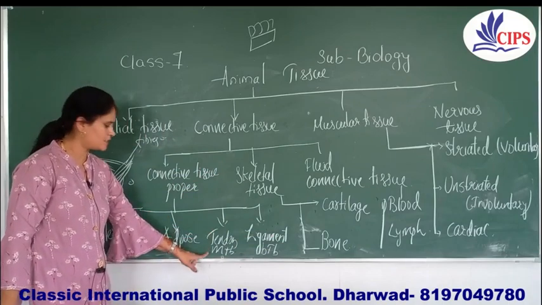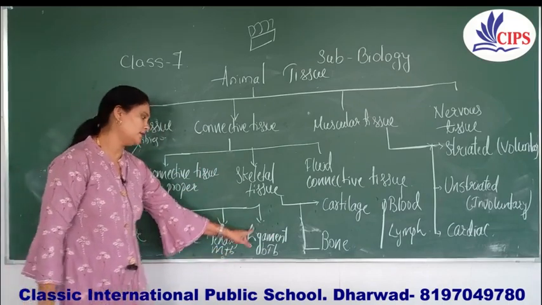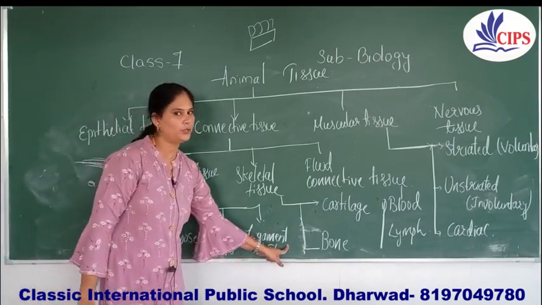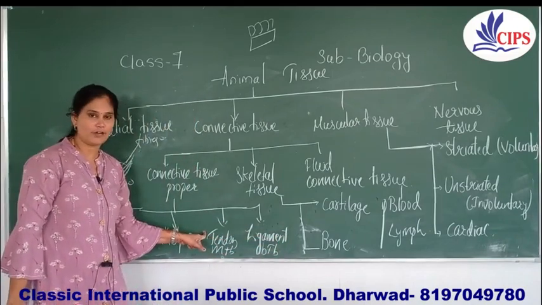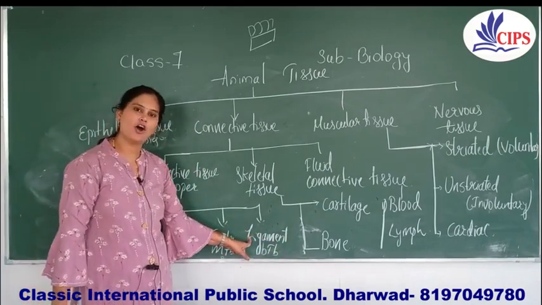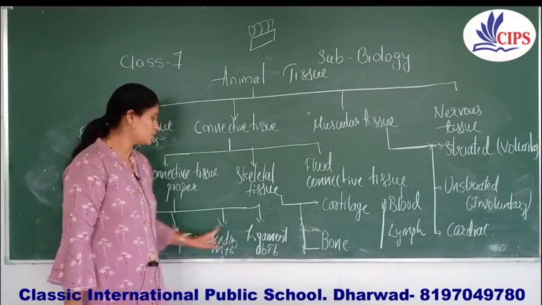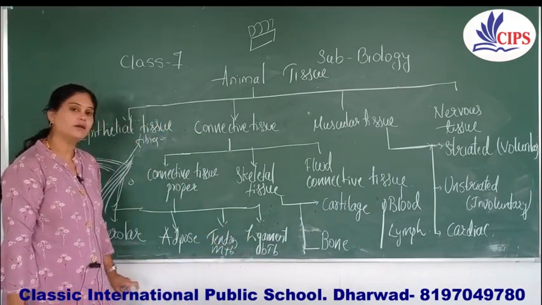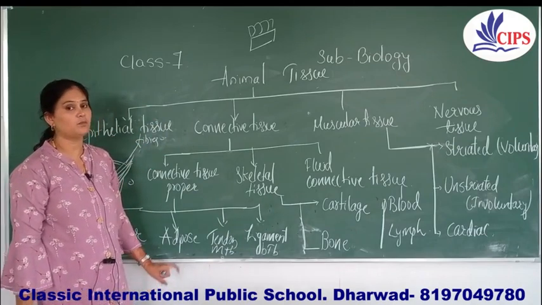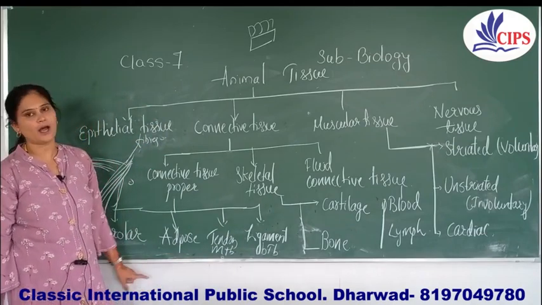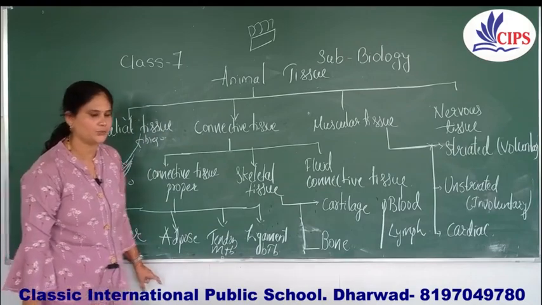Tendon consists of white fibrous tissue, and ligament consists of yellow fibrous connective tissue. So this is the difference between the tendon and the ligament, and this is the most likely question to be asked in the examination.